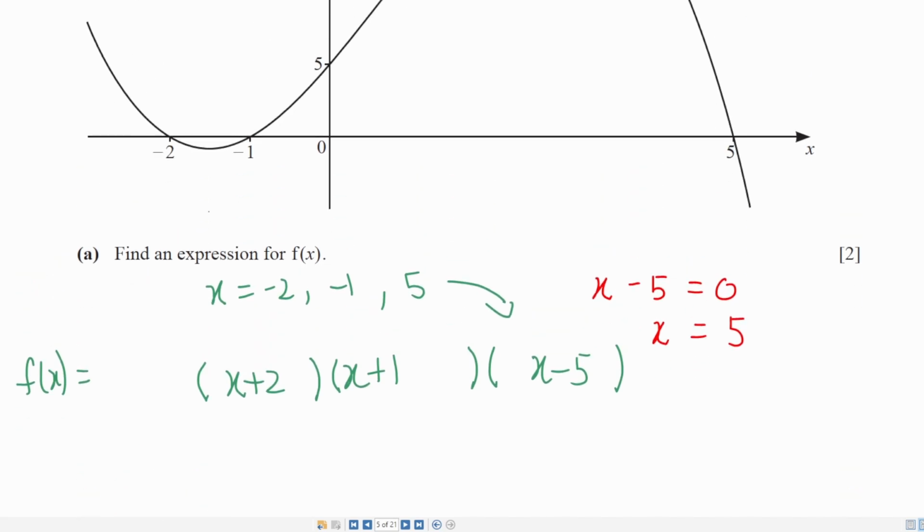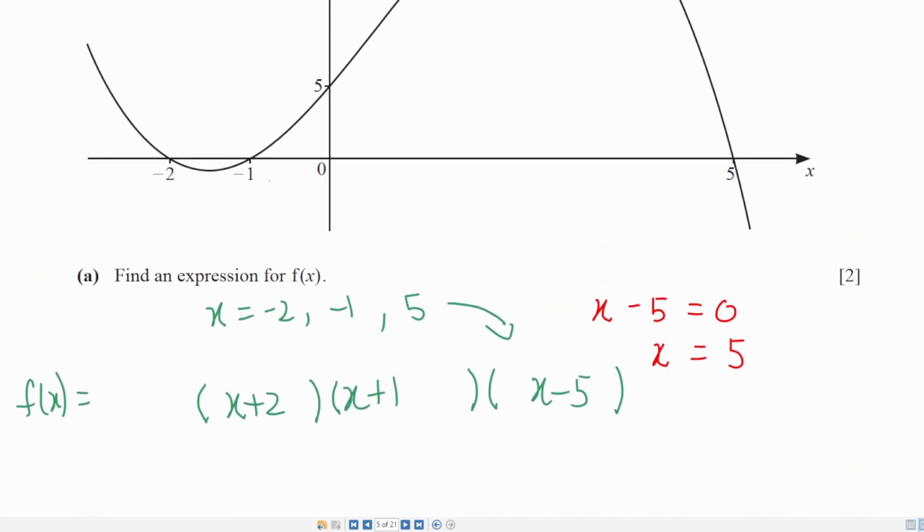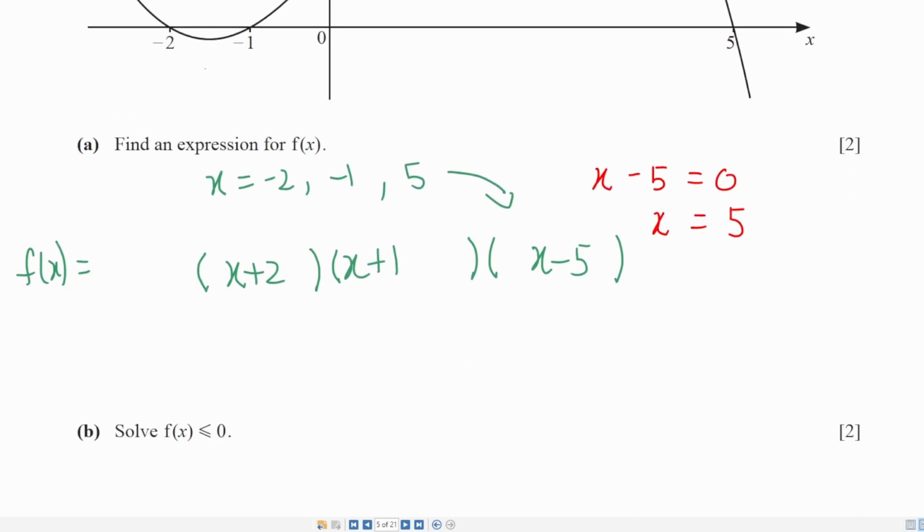Okay, but we're not done there, because we must make sure that our y-intercept actually adds up to 5. And what exactly is the y-intercept of a cubic graph?